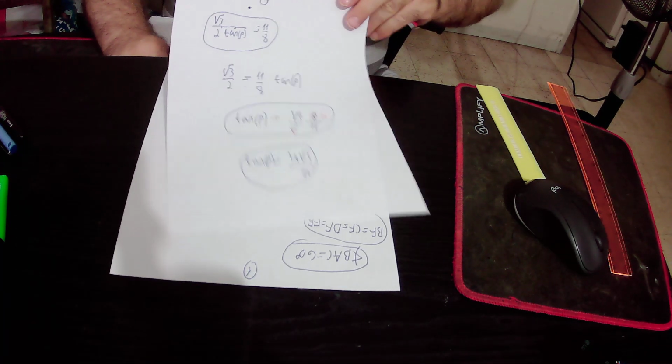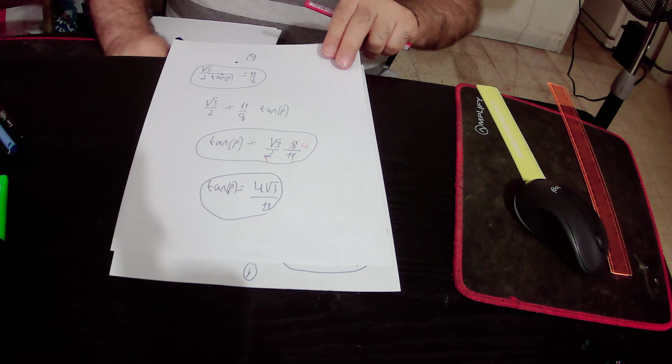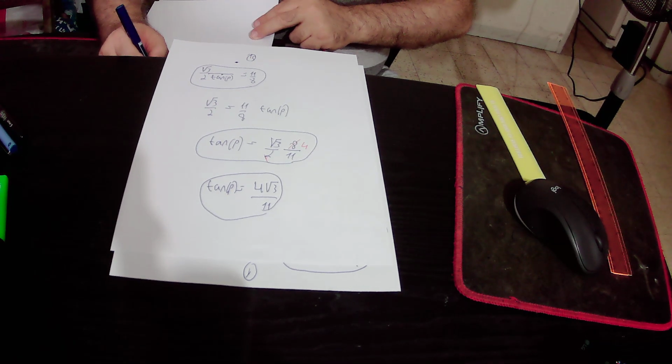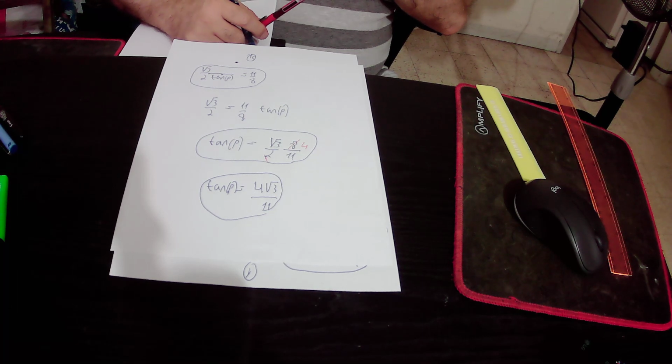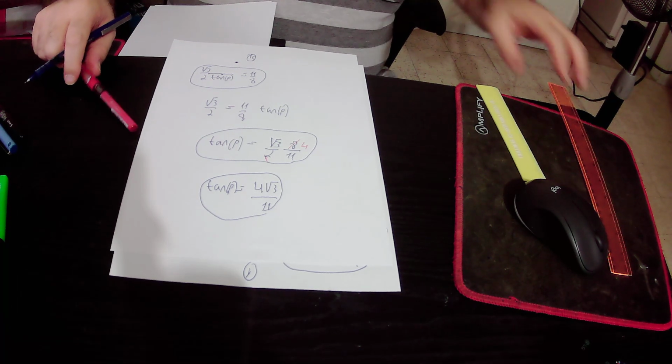So actually, what is the function of tangent P? Tangent P actually expresses the relationship between the sides of a right triangle.